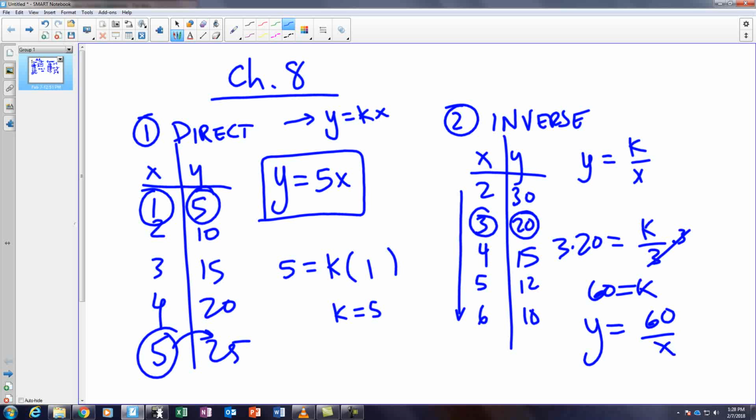Now if I want to confirm that, I just take a value like 6. If I take 60 divided by 6, I get 10. And so again, I've confirmed that. These are supposed to be pretty straightforward and easy to work with. But again, you're going to be told whether it's direct or inverse and asked to write the equation.